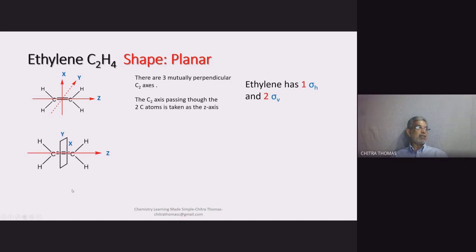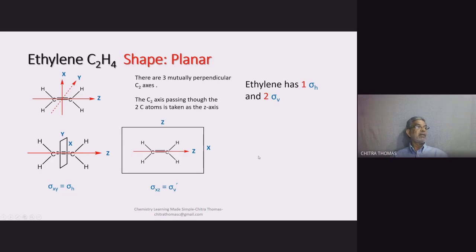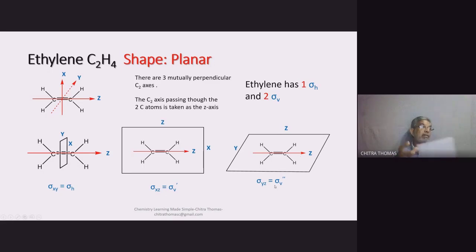This is a sigma H plane. And this is the XZ plane. This molecular plane is the XZ plane. Then there will be a third plane, which is sigma YZ. To visualize and represent these planes, use those concepts I explained earlier.